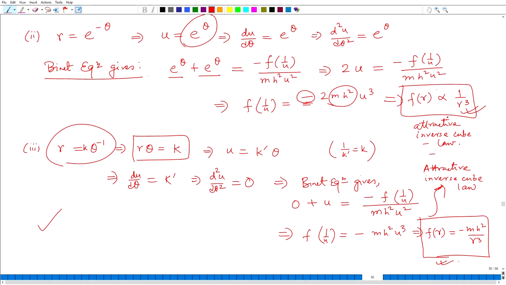Now, the question is why, starting from the same type of force law, we may have different trajectories. If you want to understand it very simply, this is nothing but due to the different constants of the force functions. So, for example, here the force function may be f is equal to minus k1 by r cube, and here f is equal to minus k2 by r cube.